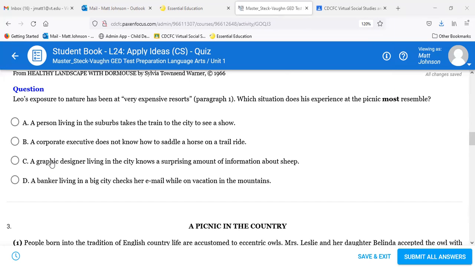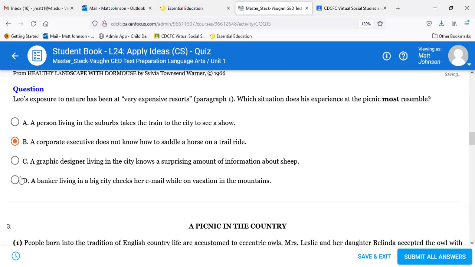C. A graphic designer living in the city knows a surprising amount of information about sheep. D. A banker living in a big city checks her email while on vacation on the mountain. Is it D? It's B.